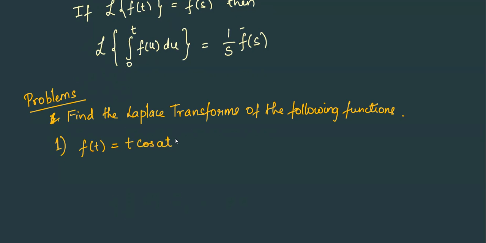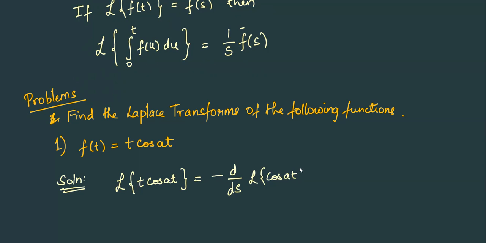Just now we did it by one process, multiplying by e power iat. Now let us look at this. The Laplace transform of t cos at is minus d by ds of the Laplace transform of cos at. So minus d by ds of s by s square plus a square.